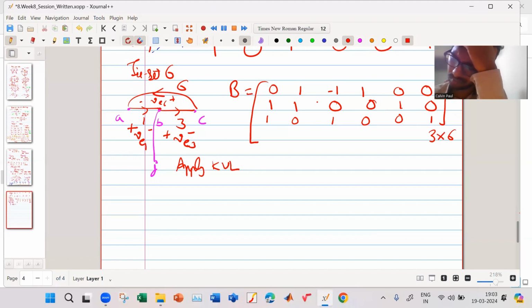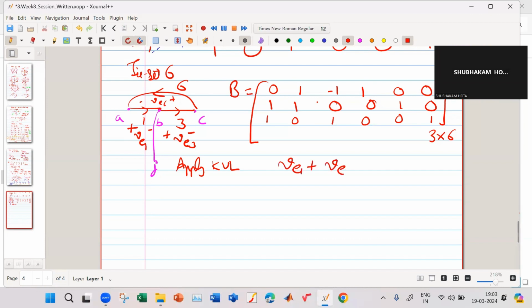How will you write KVL for this loop? Plus minus V1, plus minus V3, plus minus V6 equal to 0.